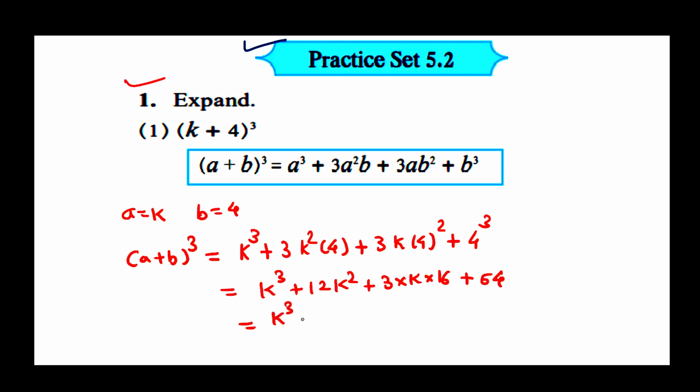Therefore, k cube plus 12k square plus 16 multiplied by 3 means 48k plus 64. Therefore (k plus 4) bracket cube, or cube of k plus 4, is equal to k cube plus 12k square plus 48k plus 64.